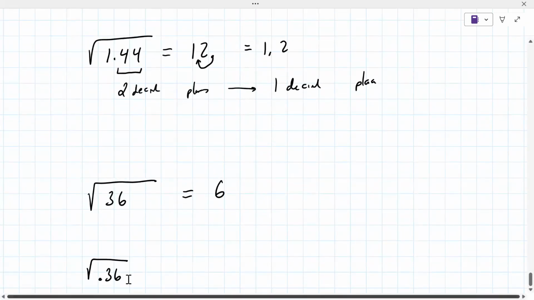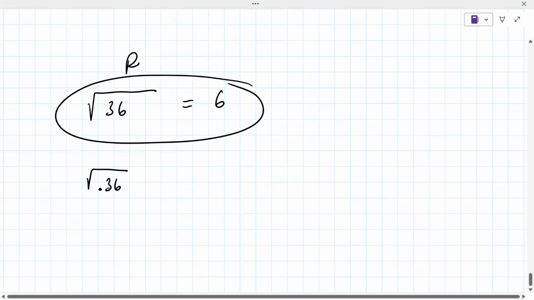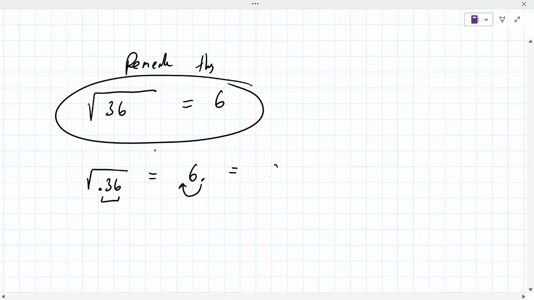Now, if I ask you the square root of 0.36, what I'm hoping is that you'll remember this. For the next one, I won't give this to you. So that means you move the decimal. There are 2 decimal places, so you move it 1 place to the left. So what is the answer? That would be 6/10, 0.6. Good.